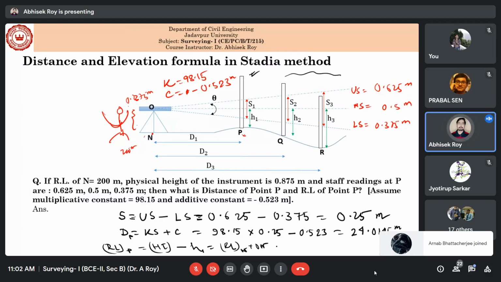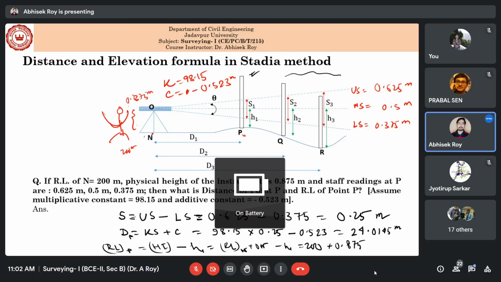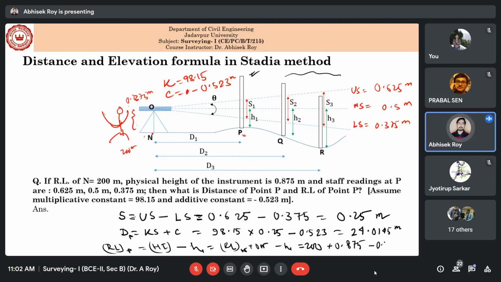ON is the physical height. So RL of N is given as 200 meter, plus ON, the physical height of the instrument, is given as 0.875 meter, and h1 is given as 0.5 meter. So calculate the RL of point P.